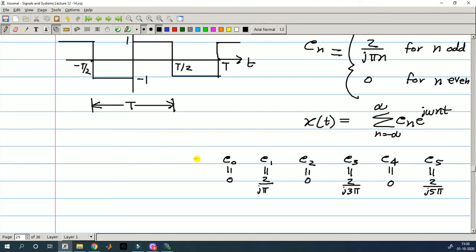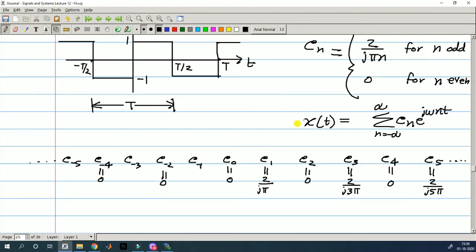On the other side, we have C minus 1, C minus 2, C minus 3, C minus 4 and C minus 5, and so on. Then C minus 2 will be 0, C minus 4 will be 0, even coefficients are 0.